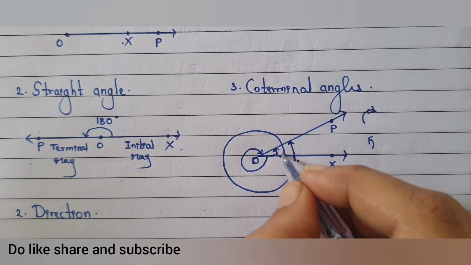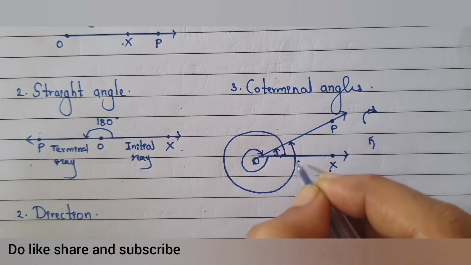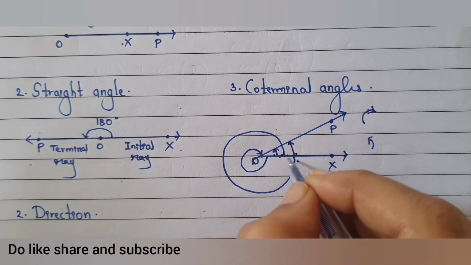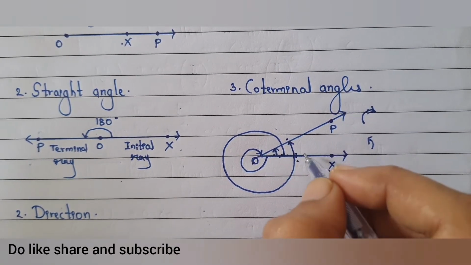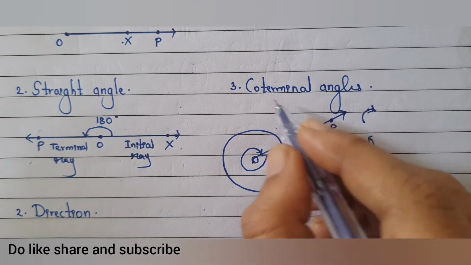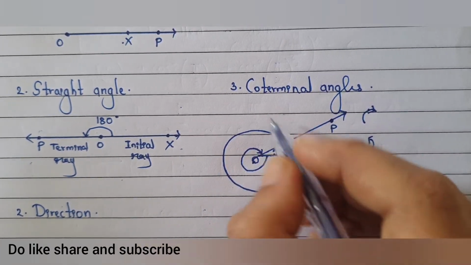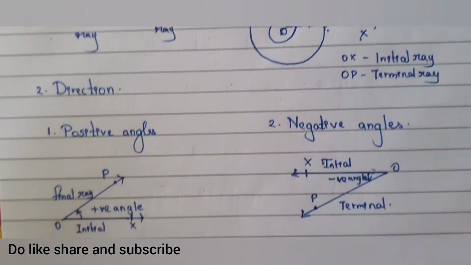Here we have rotated OX completely in 360 degrees, and then again we have rotated it from OX to OP. This is also the other type in which angle can be measured, and these are the three types in which coterminal angles depend.